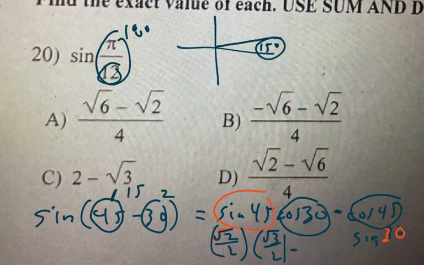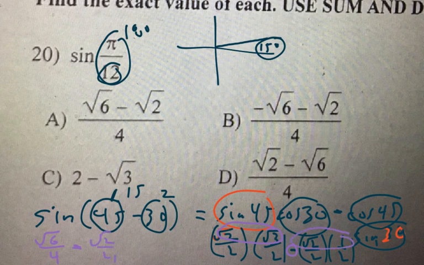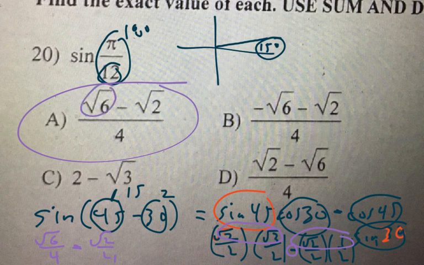Minus cosine of 45, which is square root 2 over 2, times sine of 30, which is 1/2. So assuming I didn't make any silly mistakes, this is square root 6 over 4 minus, watch your signs now, square root 2 over 4. So if you look carefully, it's A, right? Square root 6 over 4 minus square root 2 over 4.